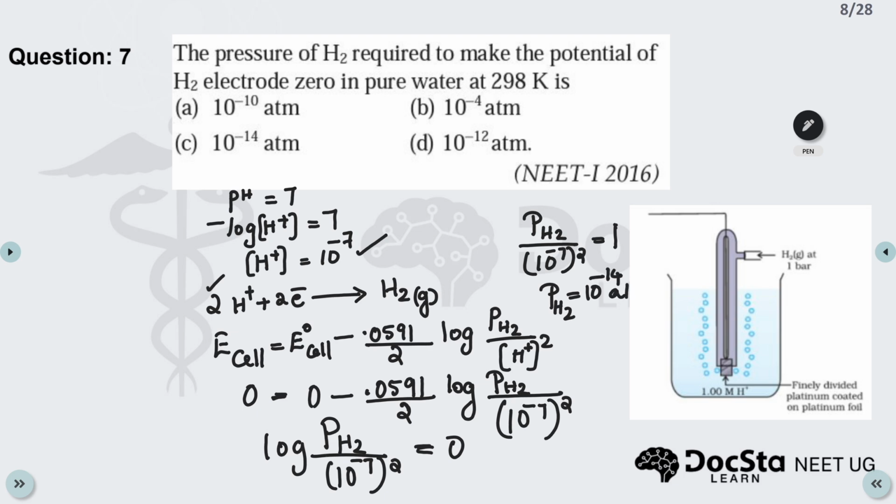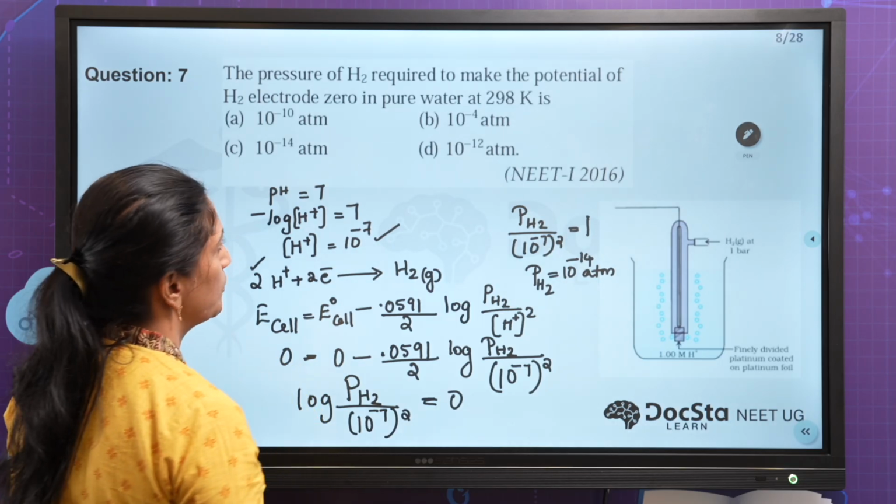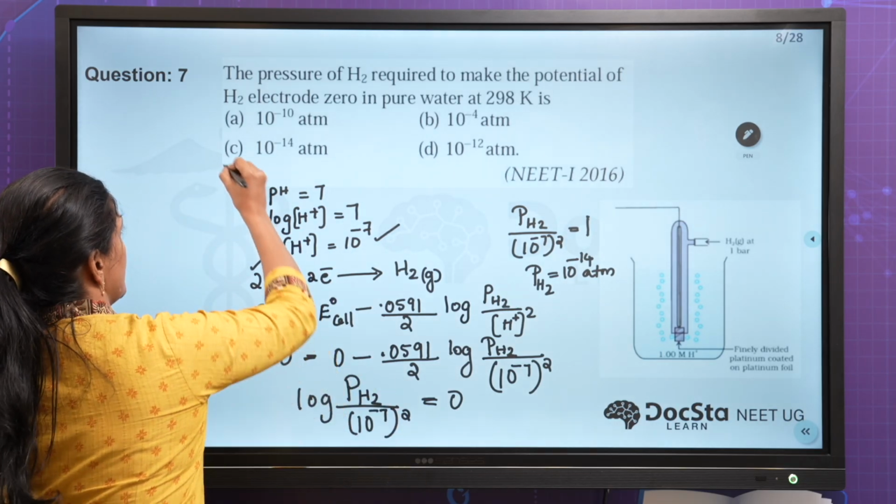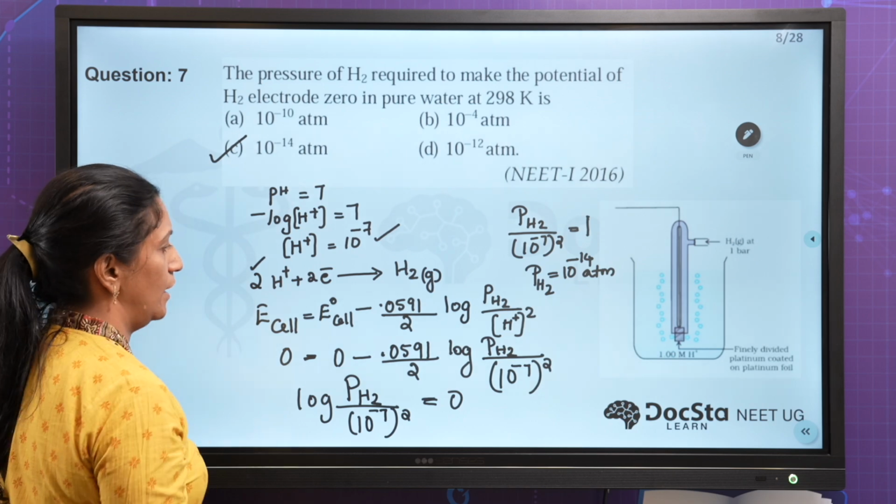So the answer is 10 to the power of minus 14 atmosphere. So the correct option regarding this question is 10 to the power of minus 14 atmosphere.